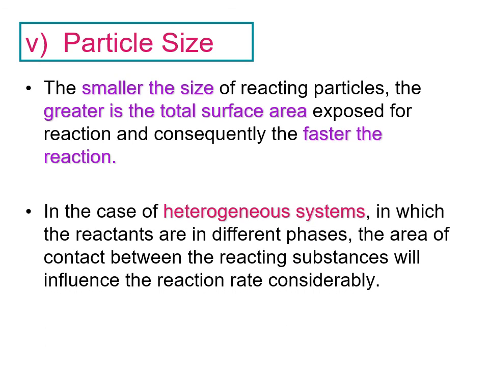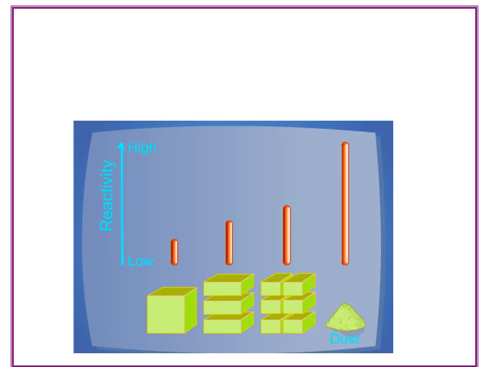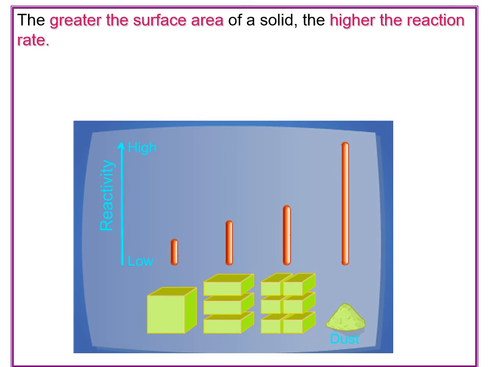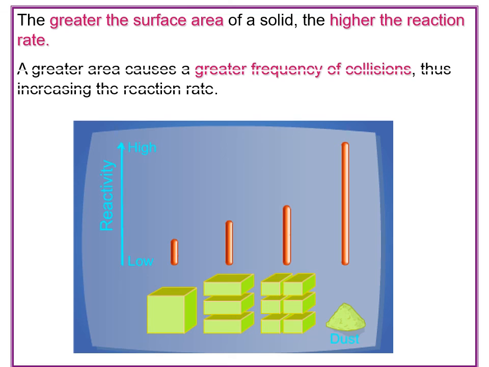In the case of heterogeneous systems in which the reactants are in different phases, the area of contact between the reacting substances will influence the reaction rate considerably. Here in figure 3.22, you can see the greater the surface area of a solid, the higher the reaction rate. A greater area causes a greater frequency of collisions, thus increasing the reaction rate.